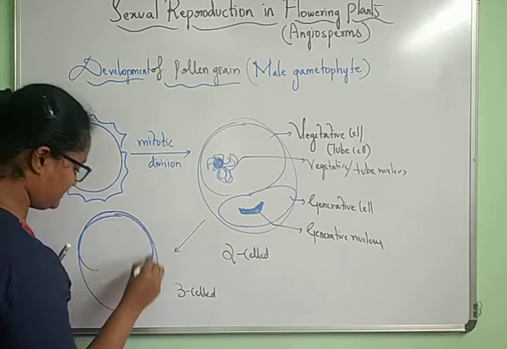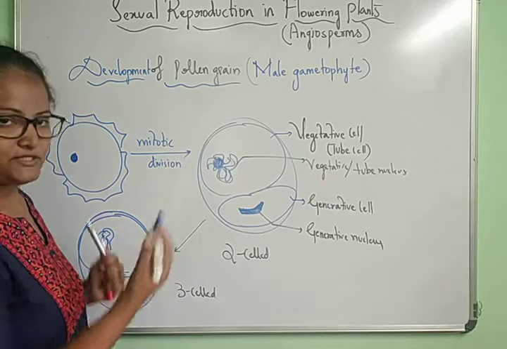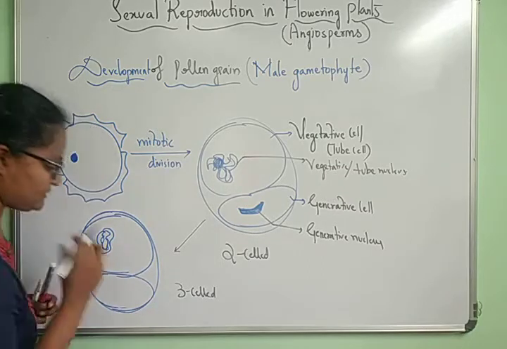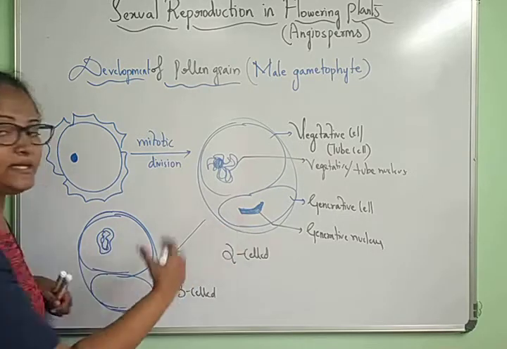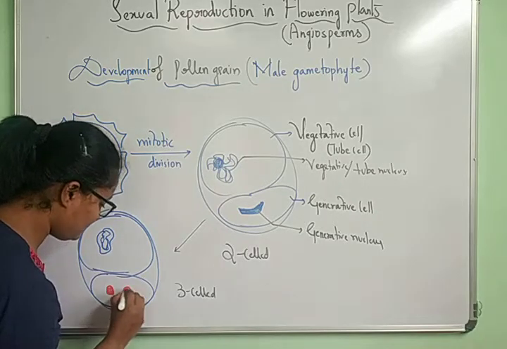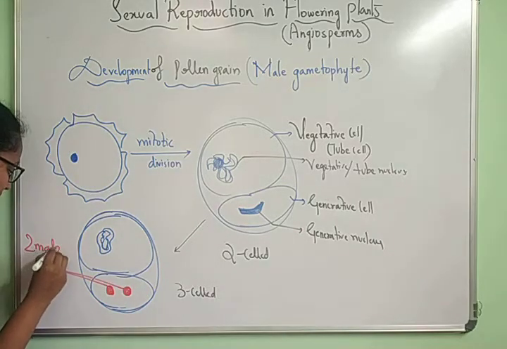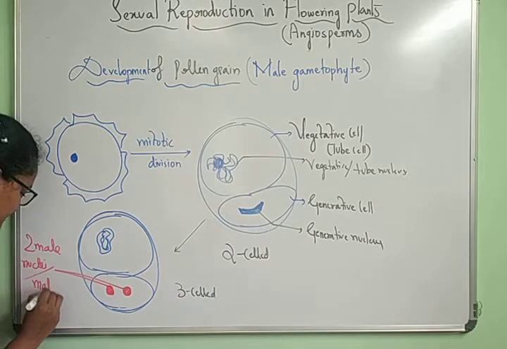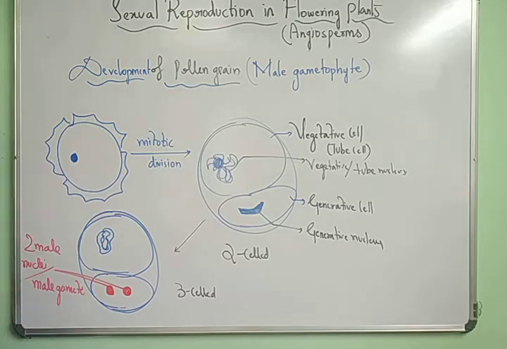This is our large tube cell, or vegetative cell, with the vegetative nucleus, and this is our small generative cell, whose nucleus divides mitotically and forms two male nuclei, or sometimes also called male gametes.